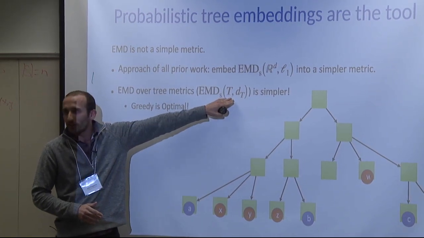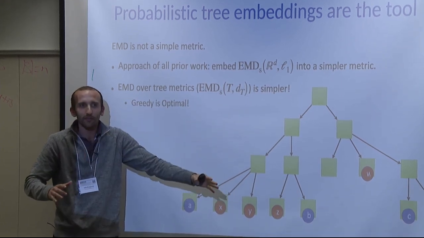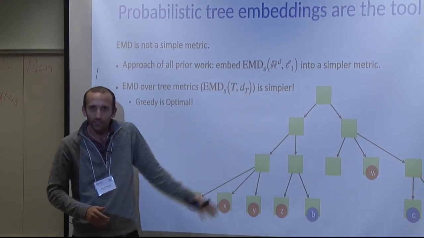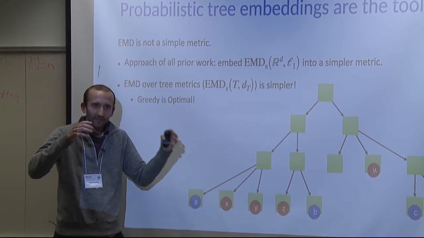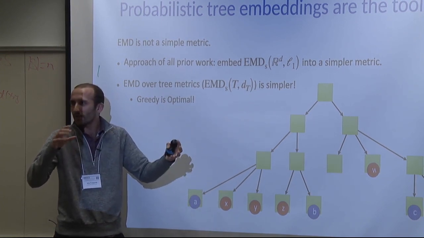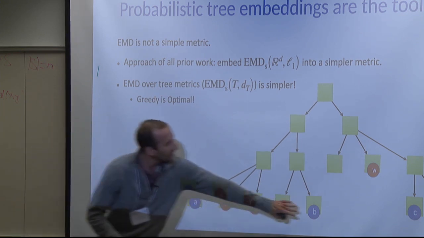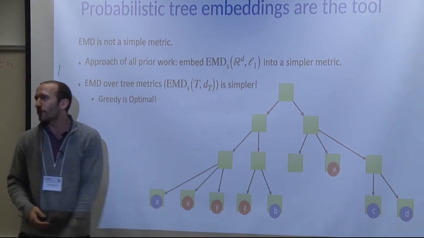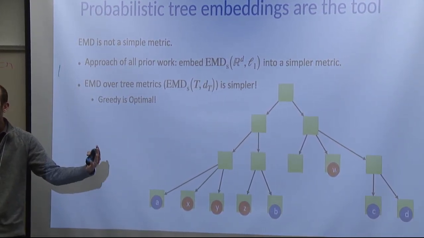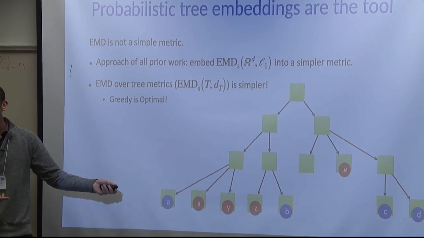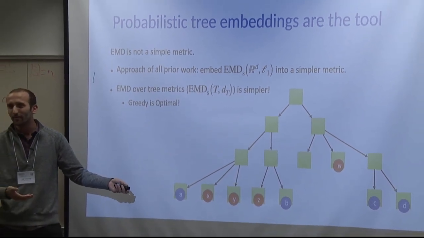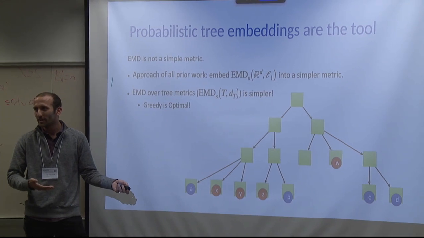Really the claim is that if you forget about EMD over L1 and think about EMD over a tree, so imagine the underlying ground metric itself is given by a tree, and now you're trying to match A and B, where A and B are subsets of the leaves. Here A would be, say, the blue points, and B would be the red points. These are the subsets of the leaves in some tree. Then there's a very simple, greedy algorithm that optimally produces the matching.